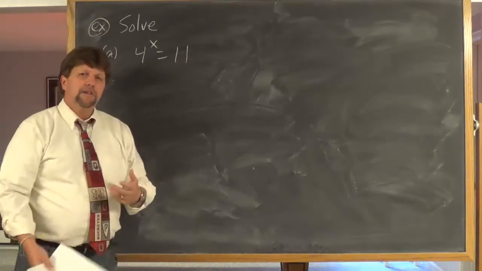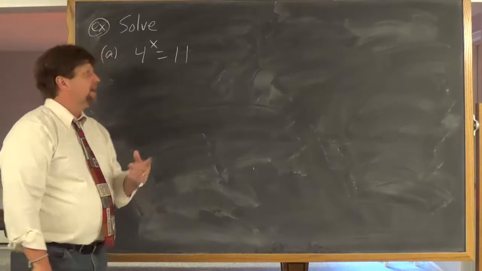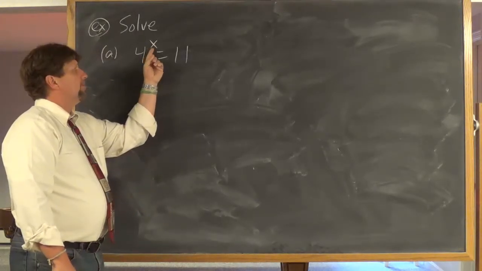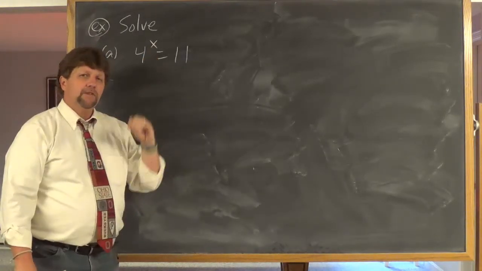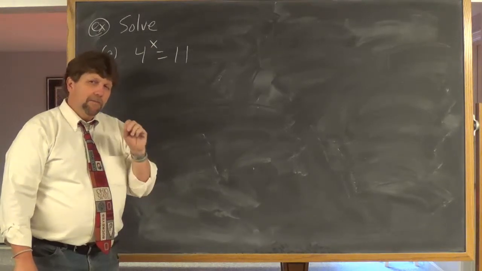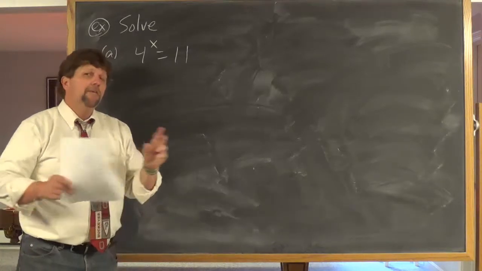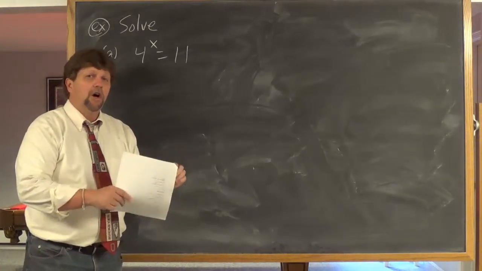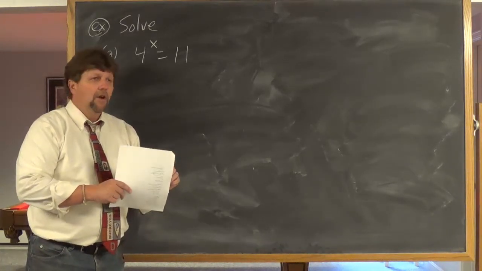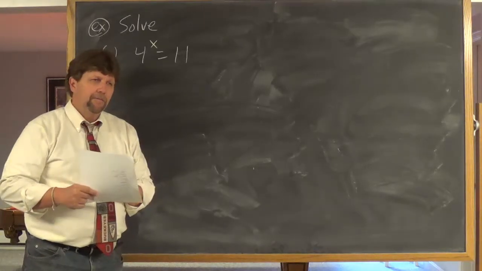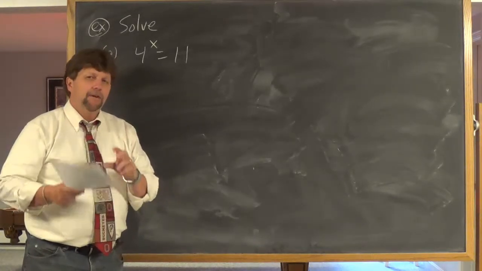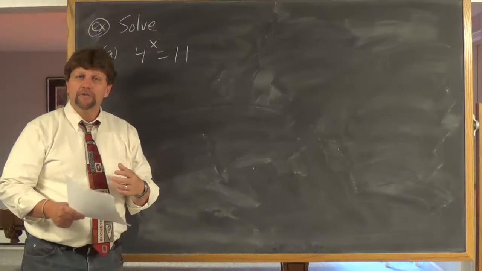So here's how I solve an equation like this. I'm trying to solve for x, and that's in an exponent position. So I'm immediately thinking logarithm is my friend. And then I have to make a choice. Do I want to use log, the common log, or do I want to use natural log? It doesn't matter which. So I'm going to use natural log.